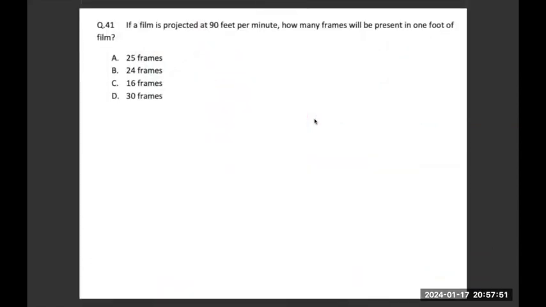In a film, if a film is projected at 90 feet per minute, how many frames will be present in 1 foot of a film? Now, in this case, the assumption given is it's a normal film, and usually it will have 24 FPS, which is 24 frames per second.